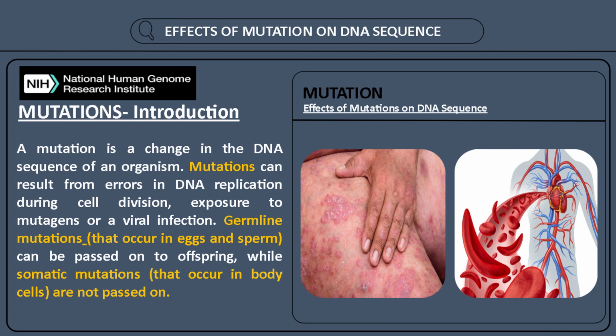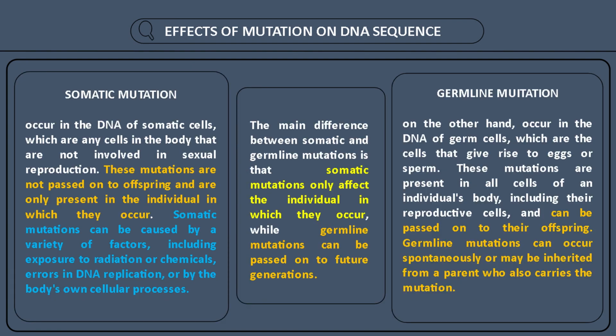Class, if you want further examples about this, you can always download this PowerPoint presentation for your reference and notes as well. These are the compare and contrast between somatic mutation and germline mutation.